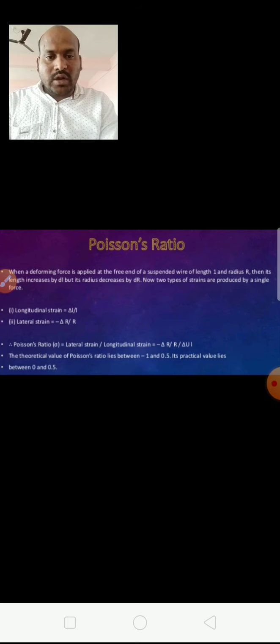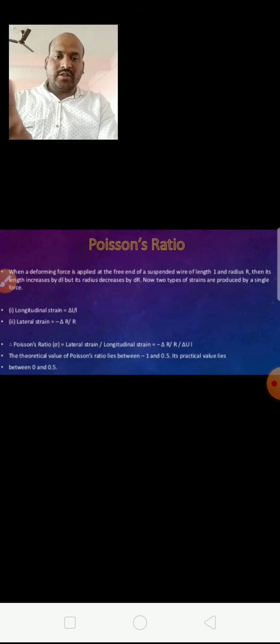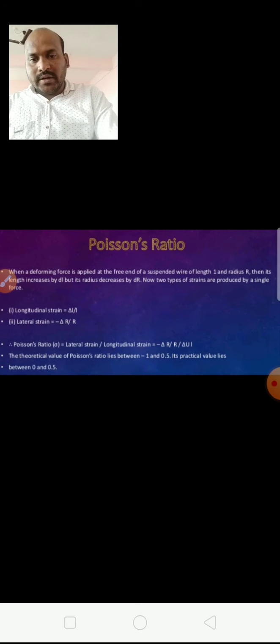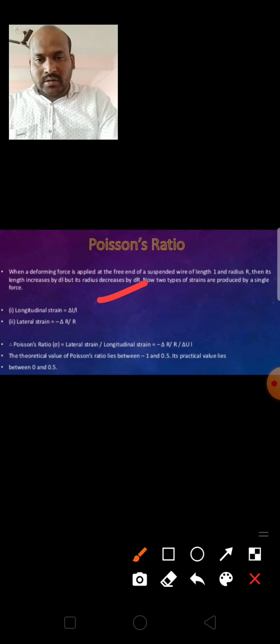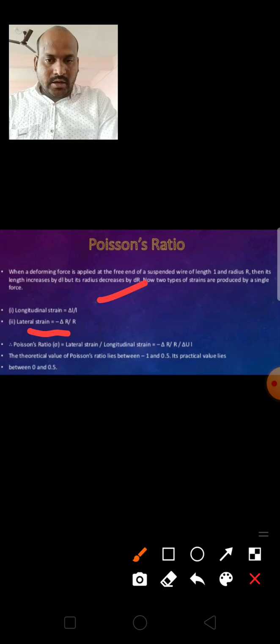Now two types of strain are produced by a single force. The longitudinal strain is dl divided by l, the change of length to the original length. And the lateral strain is the change of radius or change of diameter. Why is it negative?